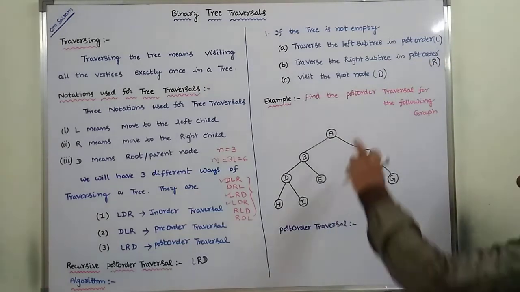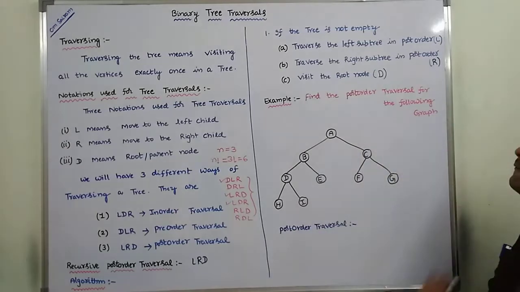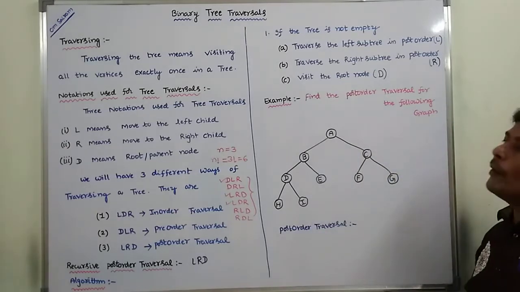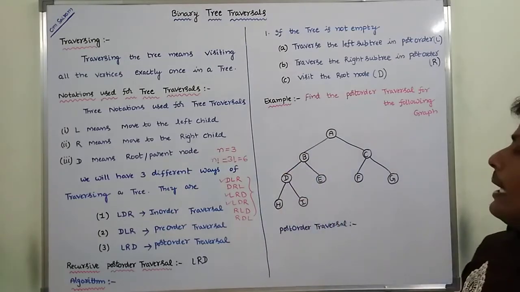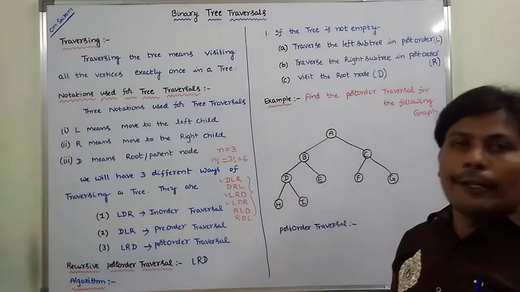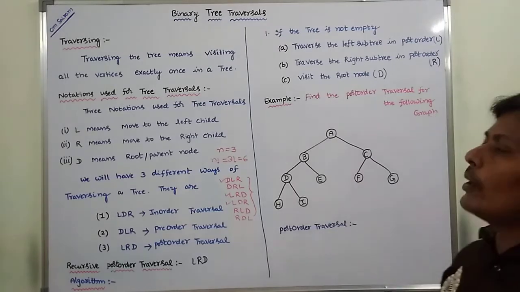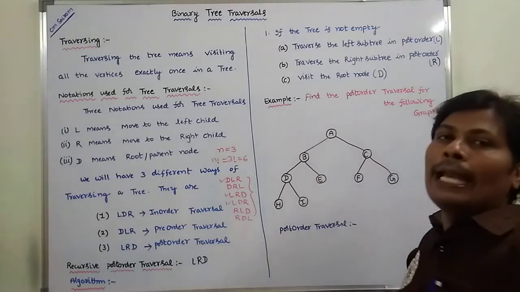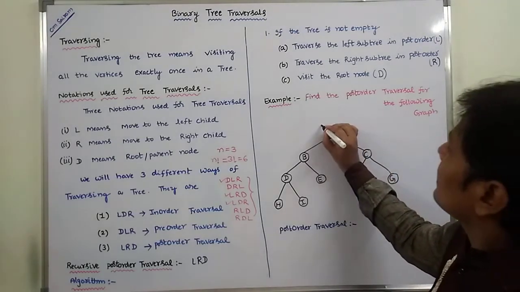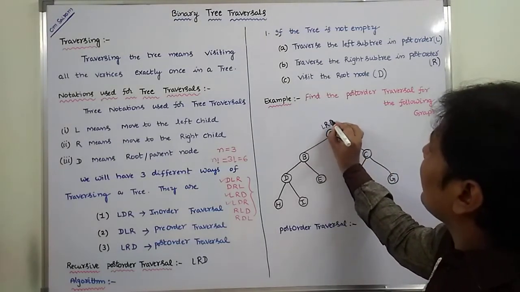Now find the post order traversal for the following graph. Here in this graph or tree, it contains some number of vertices or nodes. At each and every node, we have to write LRD. So this is LRD.